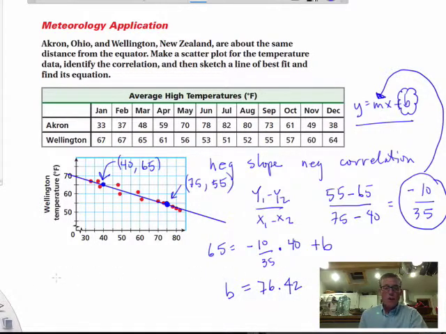So my final equation, let's get ourselves a fancy color, let's go with red, is going to be y equals negative 10 over 35, and if you want, you could find the decimal value for that, times x plus 76.42. And it makes sense because this line up here, it's not exactly crossing at 76.42, but we're getting pretty darn close to getting that correlation.